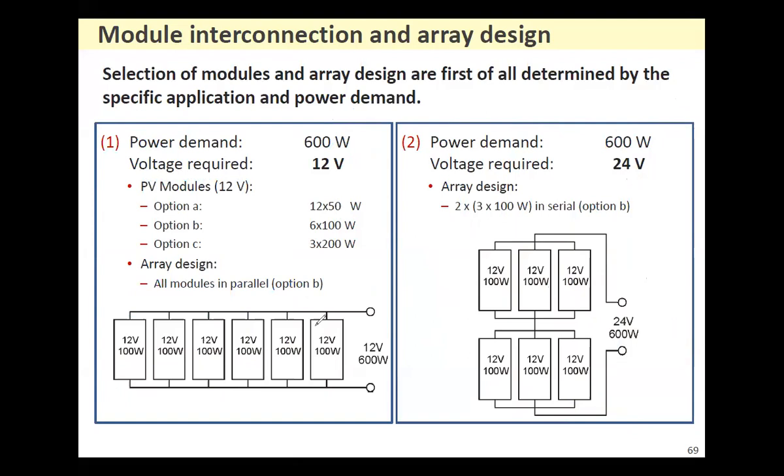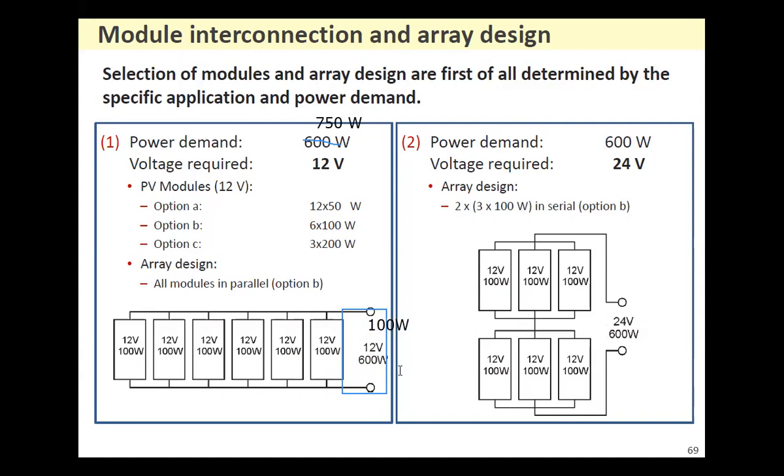Let's say the customer requirement this time is 750 watt. The customer requires 750 watt. So you have 6 panels, you can just increase more panels, but this time the panel must be of 100 watt.